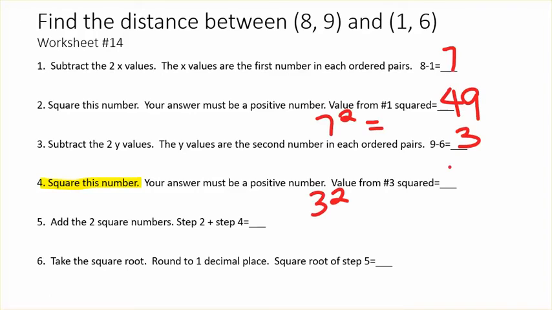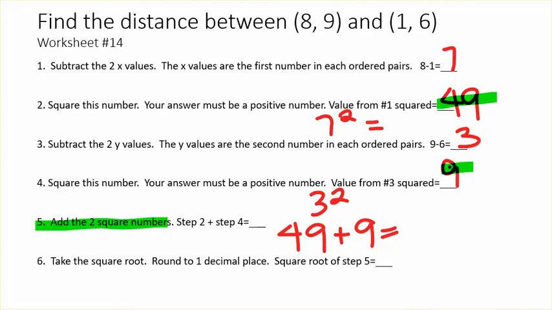So 3 squared equals 9. Next, we add the two square numbers. So that was my numbers from step 2 and step 4. So 49 plus 9, which is equal to 58.